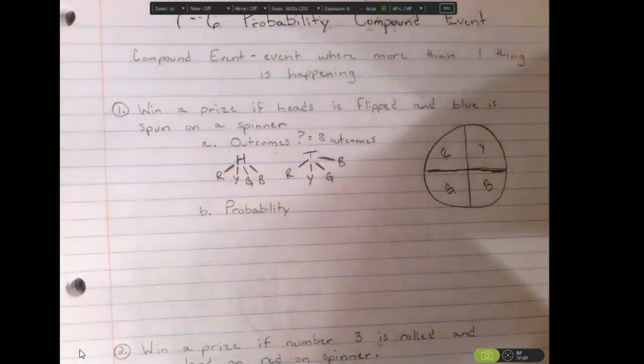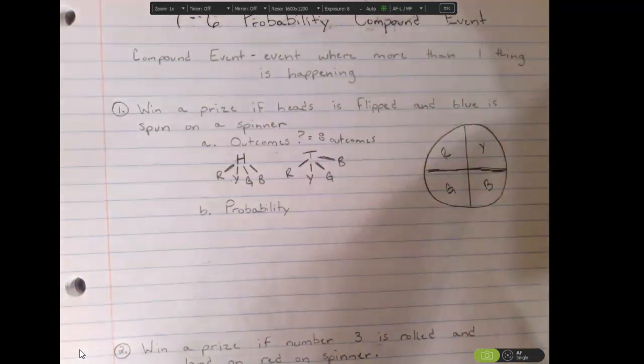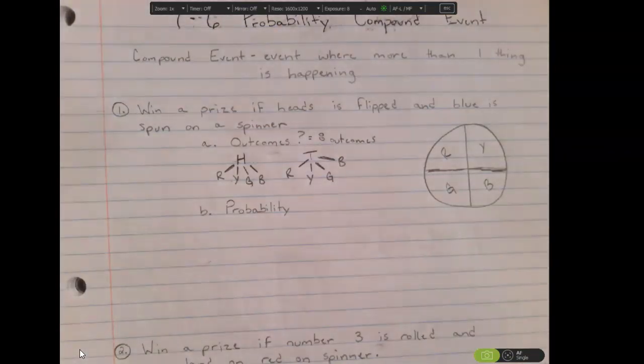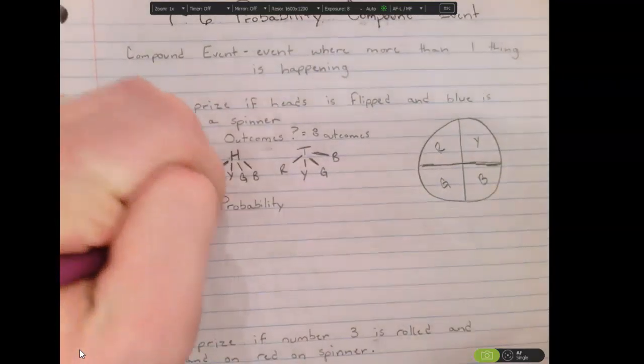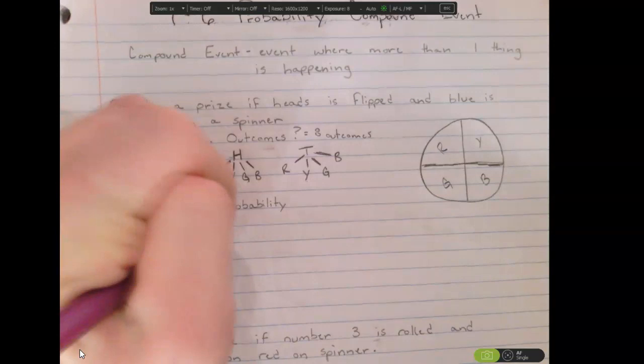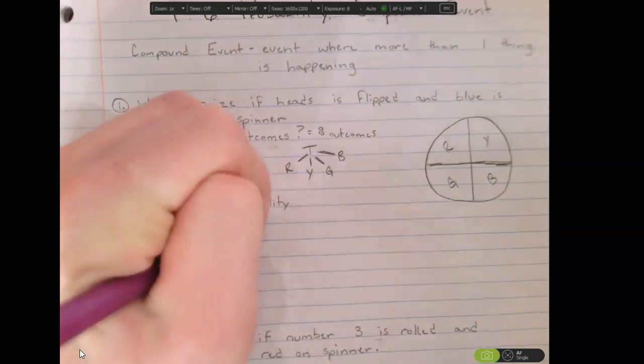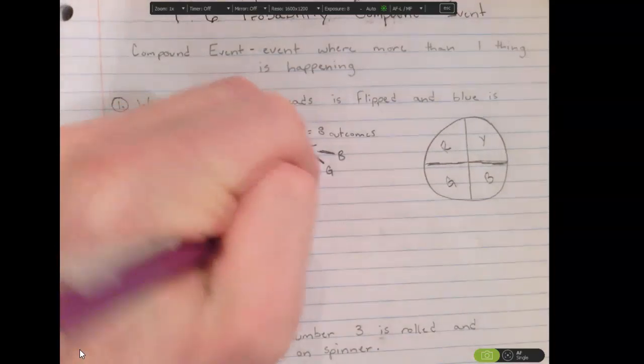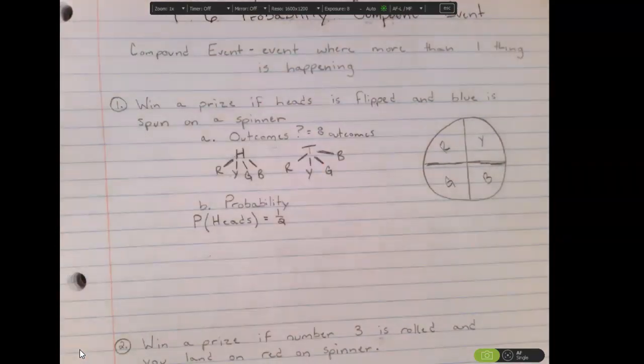So with this event, we're going to start out with a fraction. I want to look at the probability of heads. The probability of landing on heads is going to be equal to 1/2.